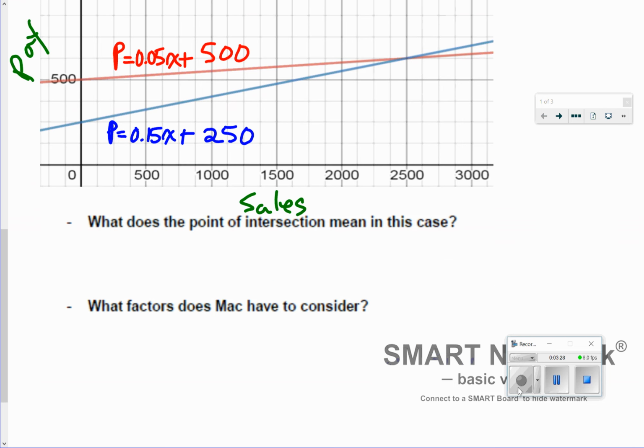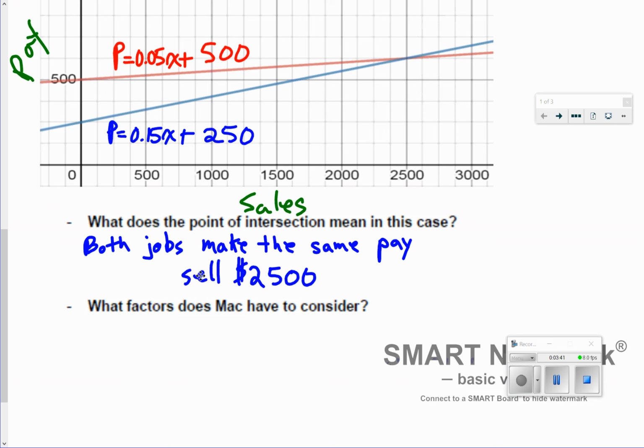When we talk about the point of intersection, both jobs make the same pay, and they both sell $2,500. If you both sell $2,500, everybody makes the same pay.